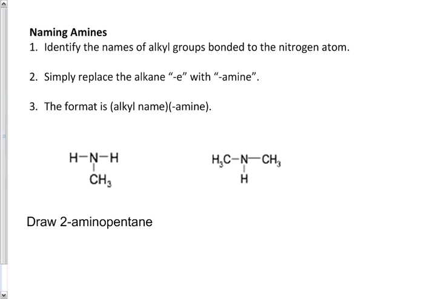So for example, if you look at the first one, you have a methyl group attached to that, so that just becomes methylamine. So you would write it like this. Methylamine. Now on the next one, you would have two methyl groups, so you would call that dimethylamine.